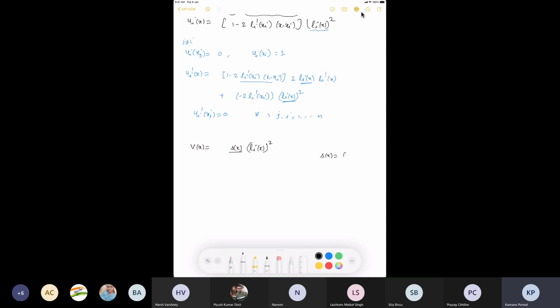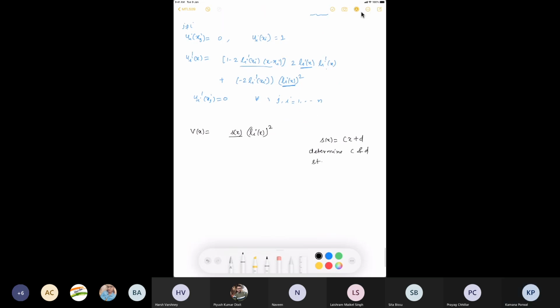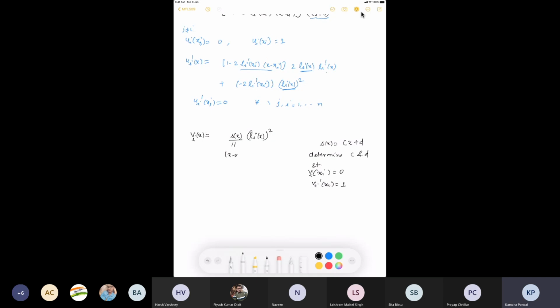Let's call it say Cx plus D, and determine C and D such that Vi at x... observe. So this is just going to be x minus xi.